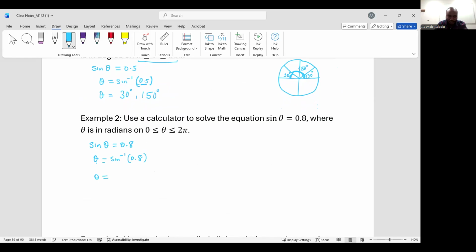I will make sure I'm working in radians. So sine inverse of 0.8 is approximately equal to 0.9273.